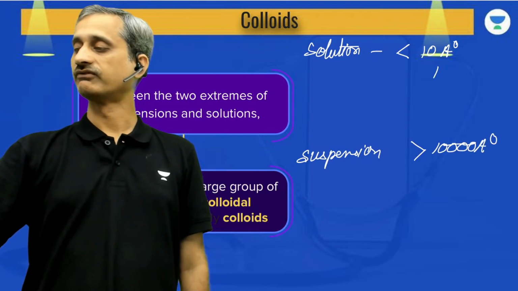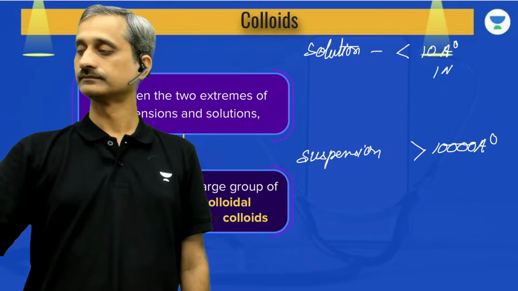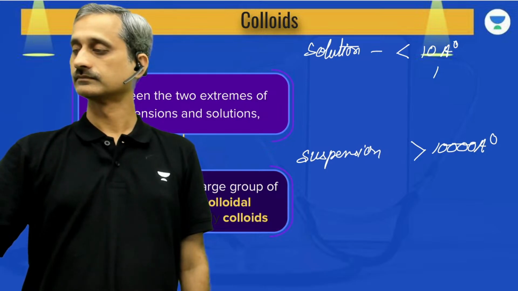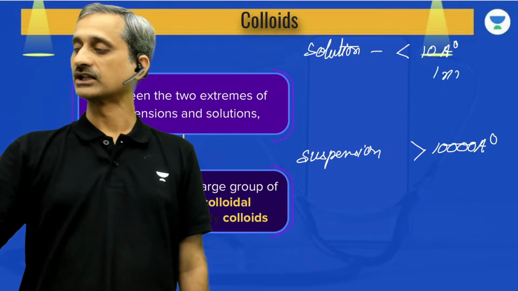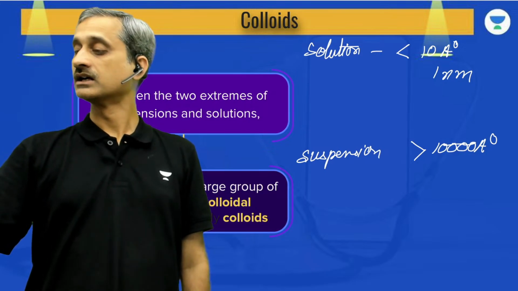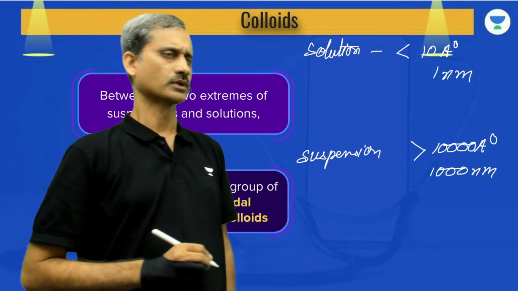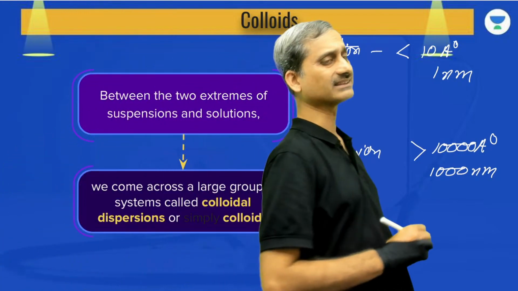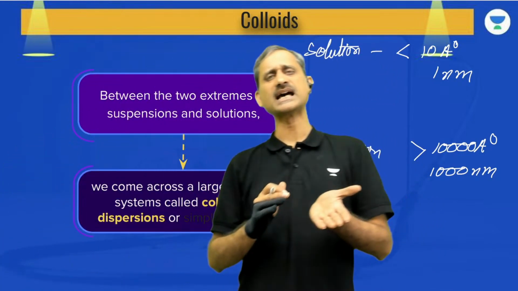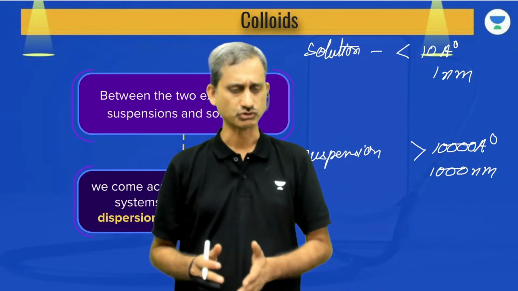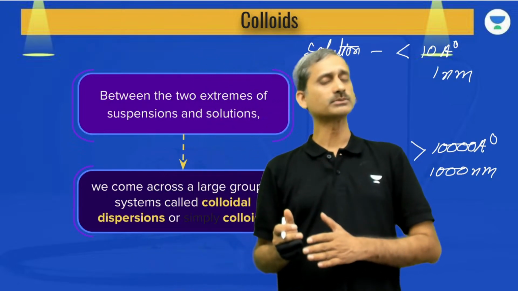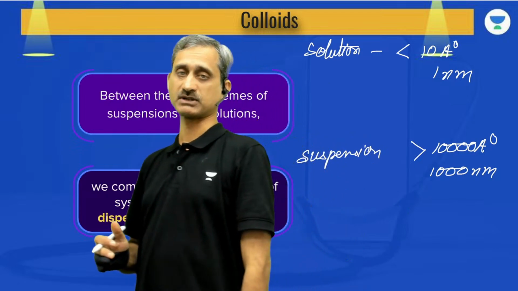That is, we have 1 nanometer and 1000 nanometer. If it is less than 1 nanometer, it turns out to be a solution. If it is greater than 1000 nanometer, then it turns out to be a suspension.